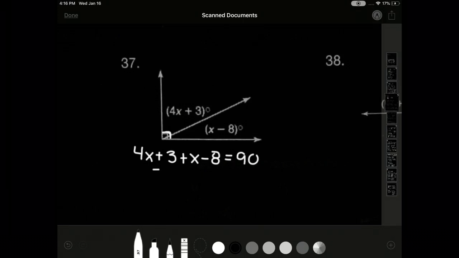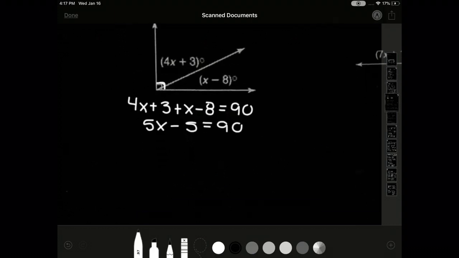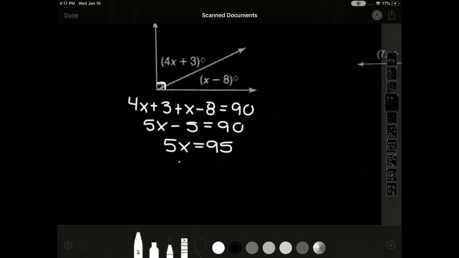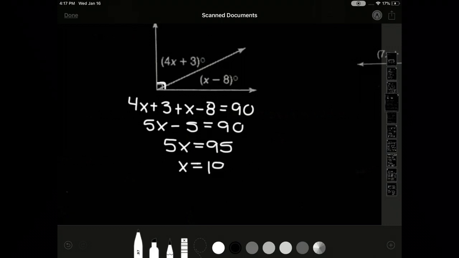So 4x plus x is 5x. 3 minus 8 is negative 5. That equals 90. When we add 5 to both sides, we get 5x equals 95. And then we can divide by 5. So we get x equals 19.